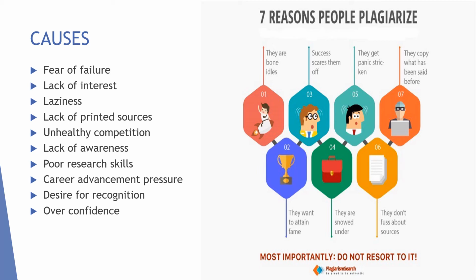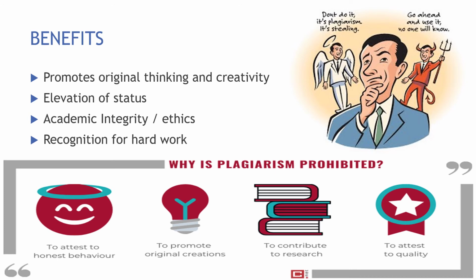They are snowed under. They get panic-stricken. They don't fuss about sources and they copy what has been said before. Okay, the easiest way to remember the causes is that people do not have the necessary skills. They need some kind of academic upgradation. They are lazy. So all this results in plagiarism.